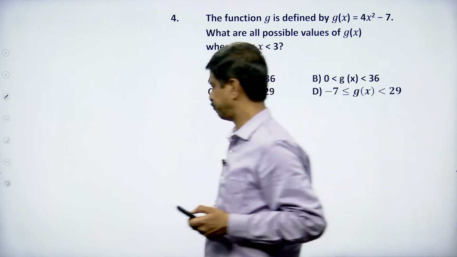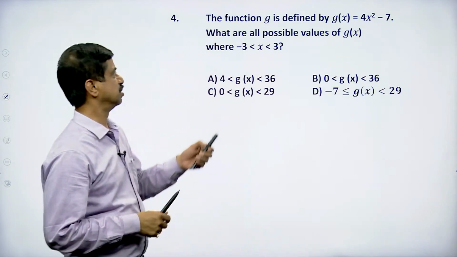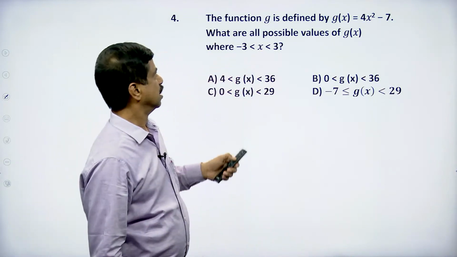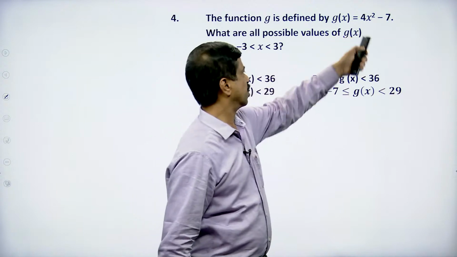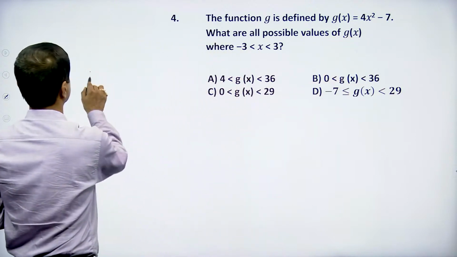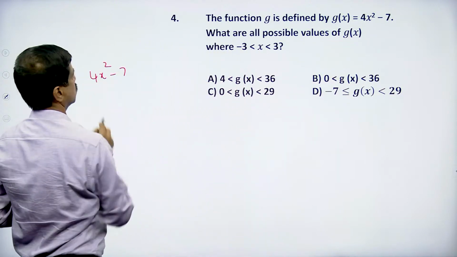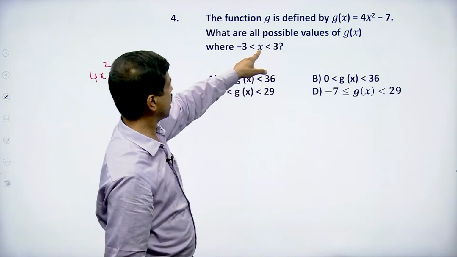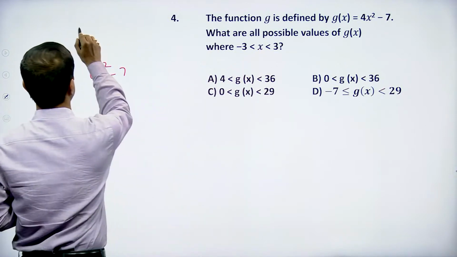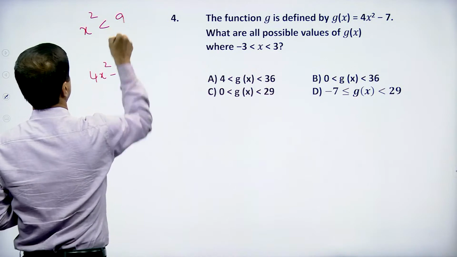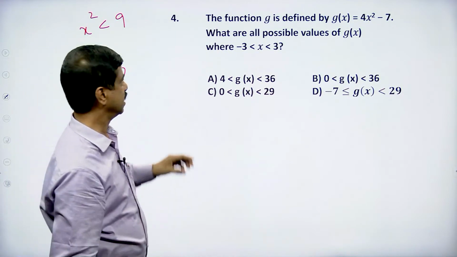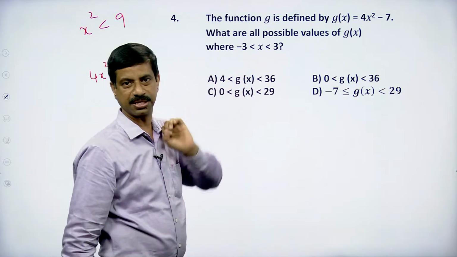So, now if x lies between these values, then g of x is 4x square minus 7, children. x square is less than 9, then you will get x lies between minus 3 and 3.